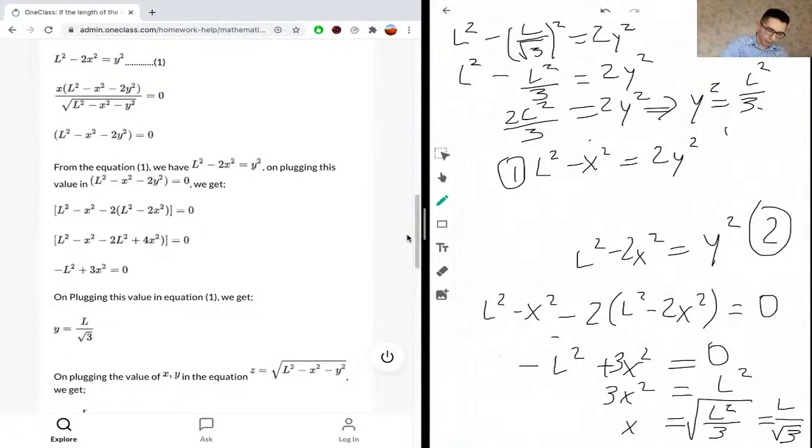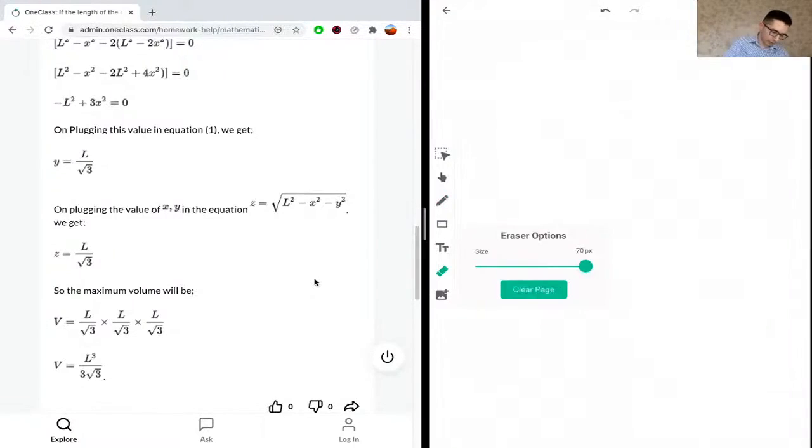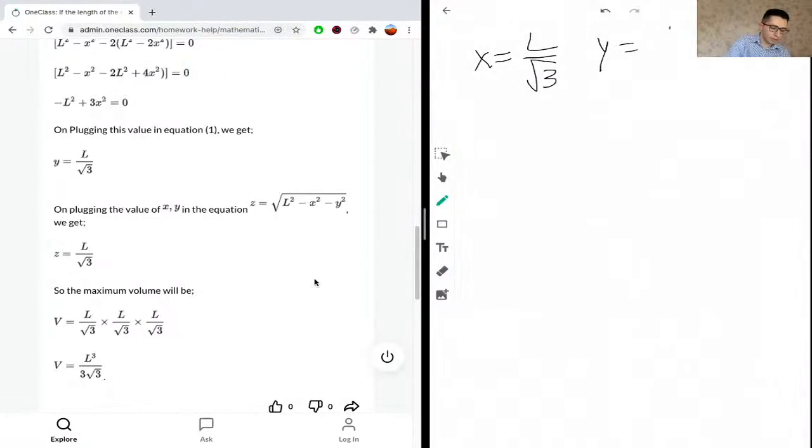We know that y is equal to L over square root 3. Okay, so we have the value of y and x where the volume is maximum. So let me just clear the board here. So when x equals L over square root 3 and y equals L over square root 3, we get a maximum volume.